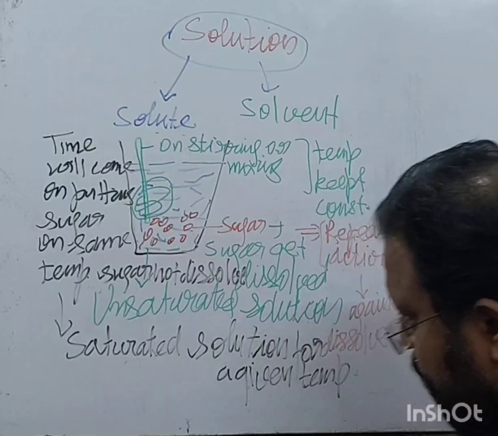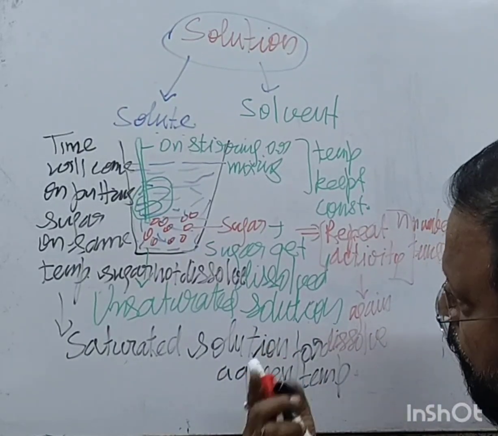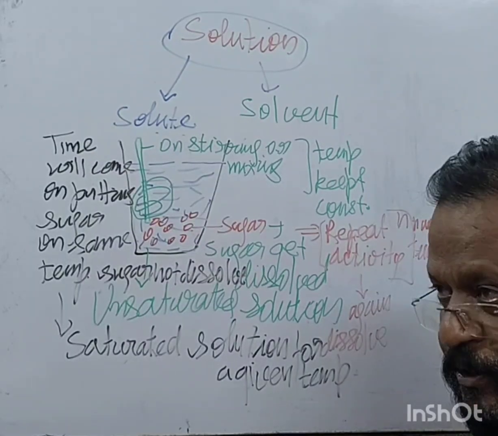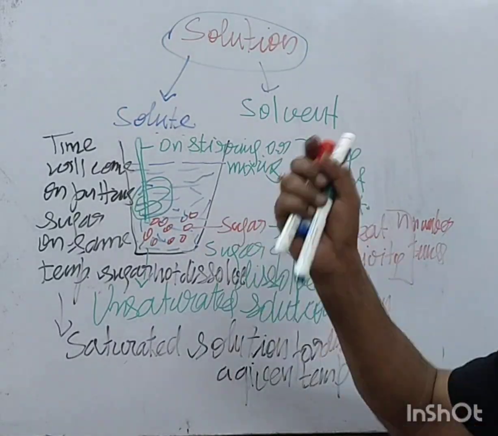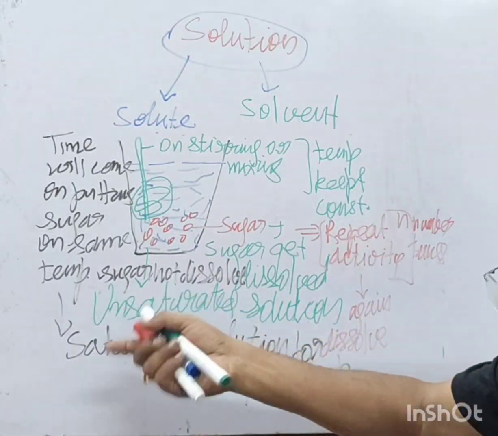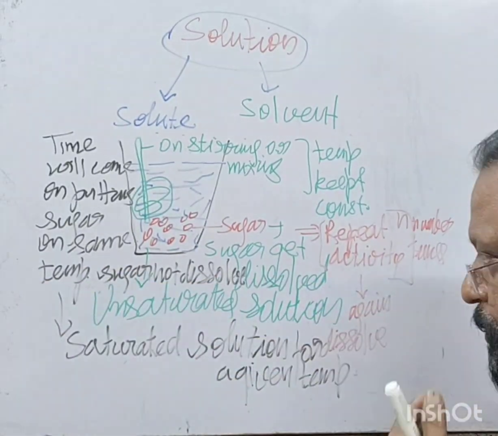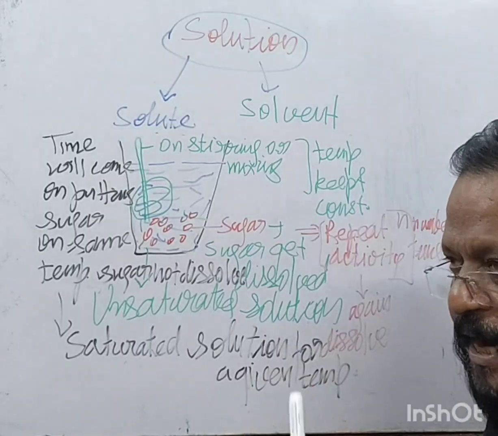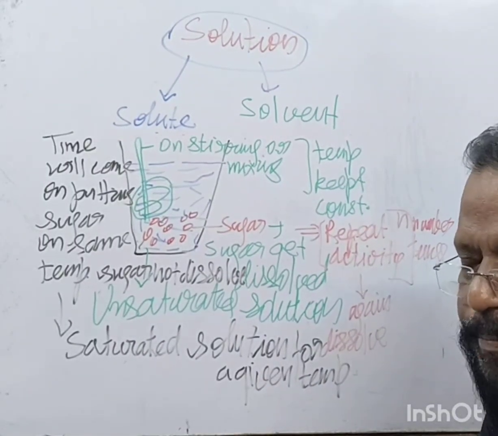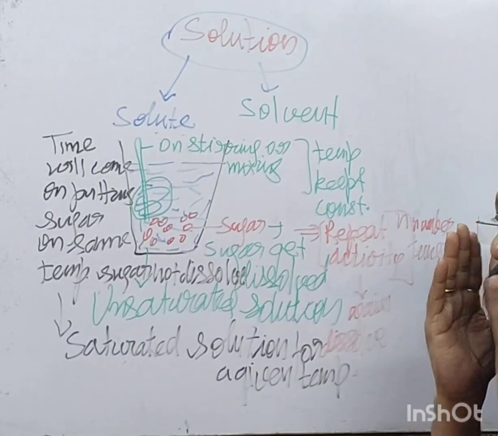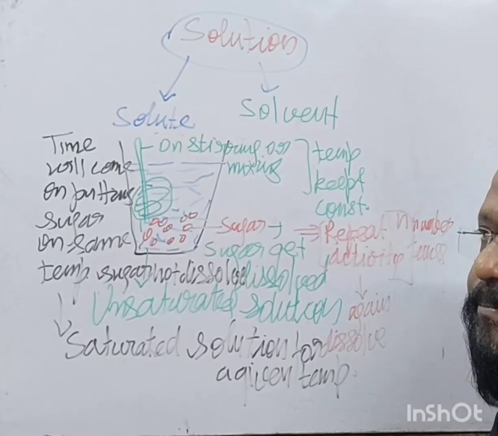Whatever temperature you have taken remains constant, and you keep on adding sugar. The time will come when no further sugar will dissolve. That is called a saturated solution. The temperature you are not changing. If you change the temperature, then the point of saturation changes.